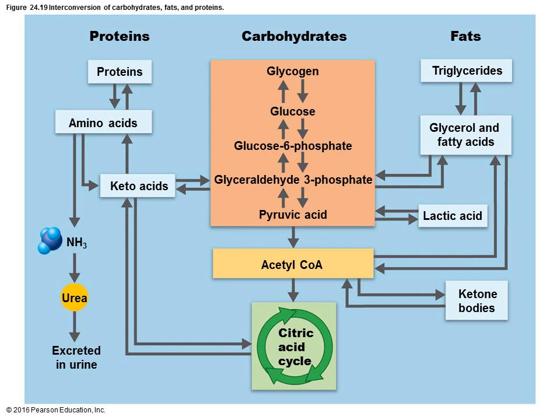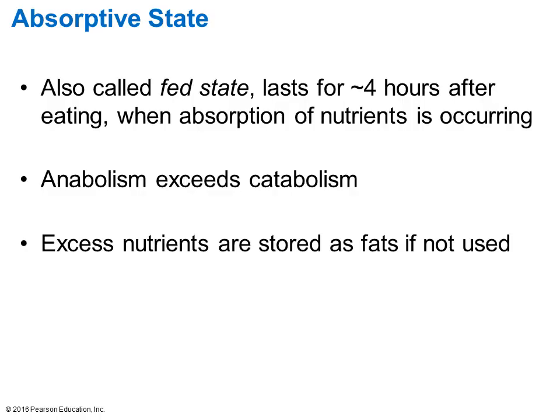We can talk about the synthesis and the breakdown of these macromolecules, the proteins, carbohydrates, and fats, as though they're separate. But this chart really shows how they're all interconnected, which also means if you have a problem in one area, eventually it's going to affect the other two macromolecules.